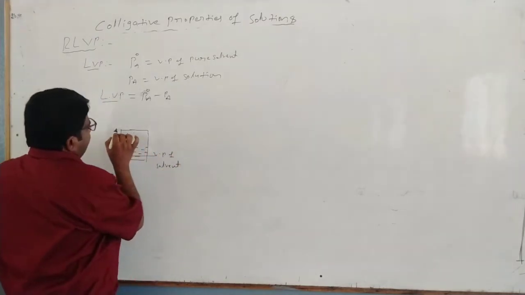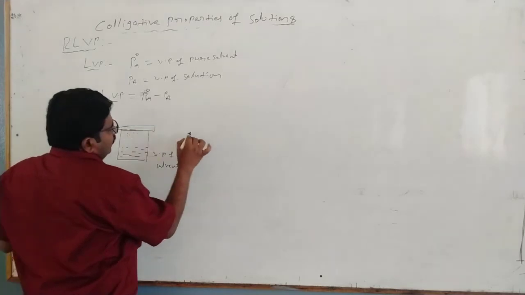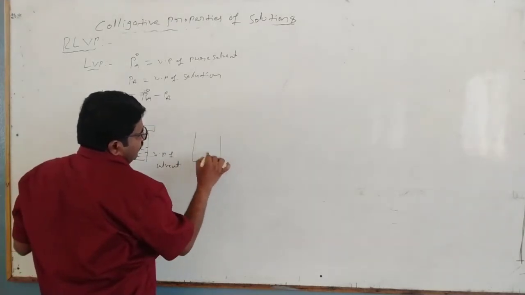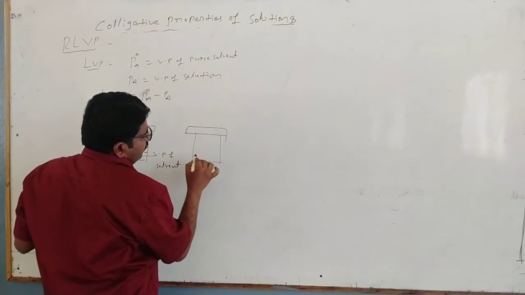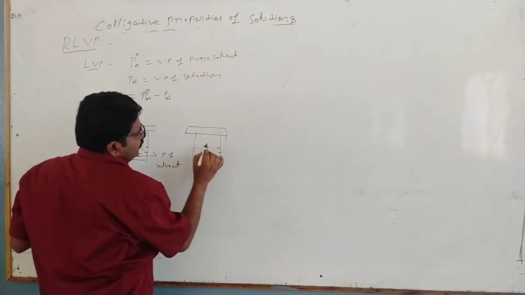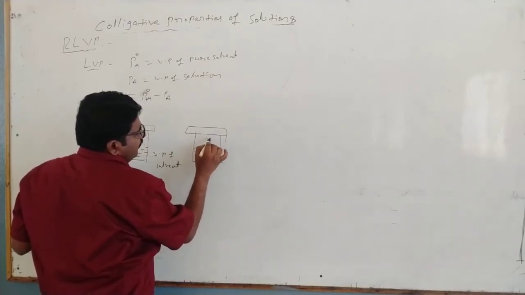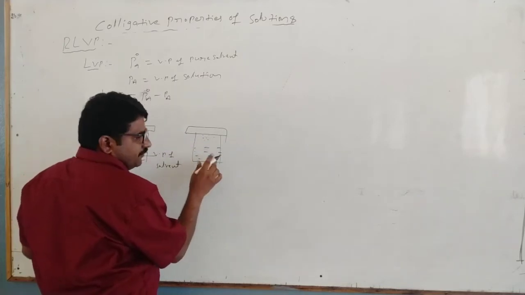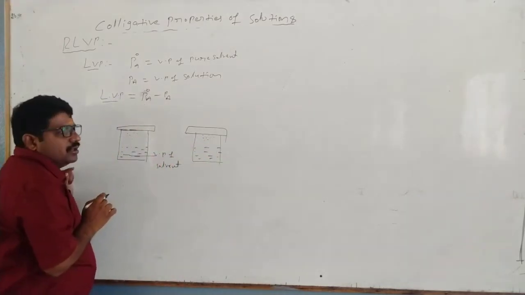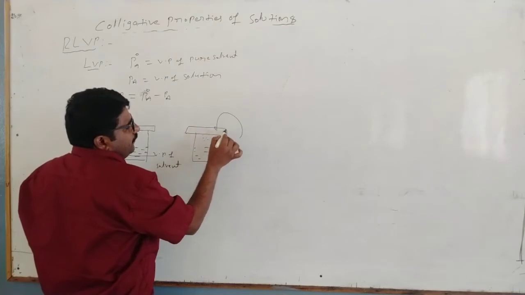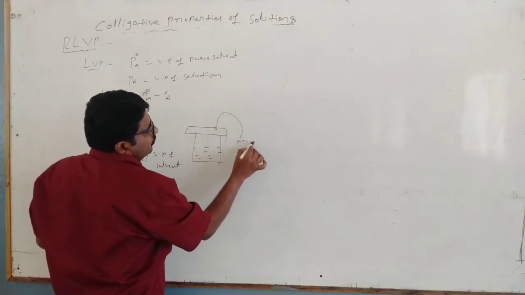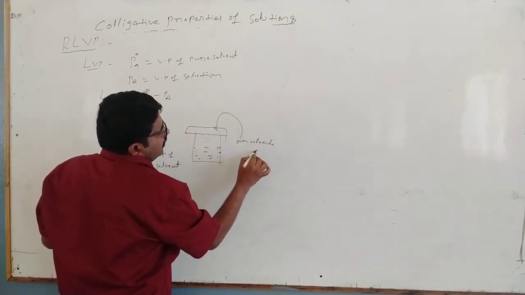Now take the same solvent here, which forms vapor pressure like this. Now we add a non-volatile solute.